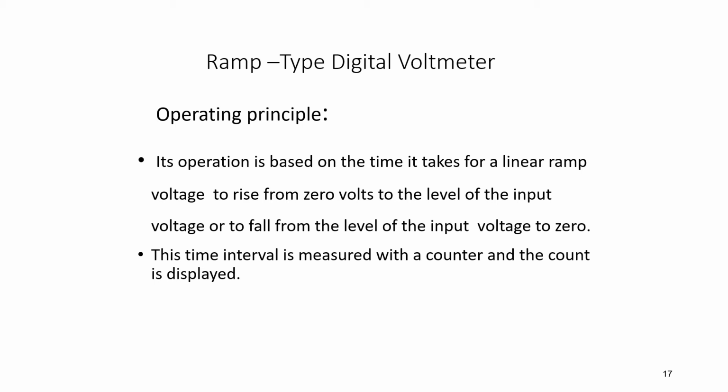Also, already we have seen a voltmeter always should be connected in parallel across the component or across the circuit where voltage has to be measured. Next, the polarity has to be observed. Next thing is the range selection also is better.